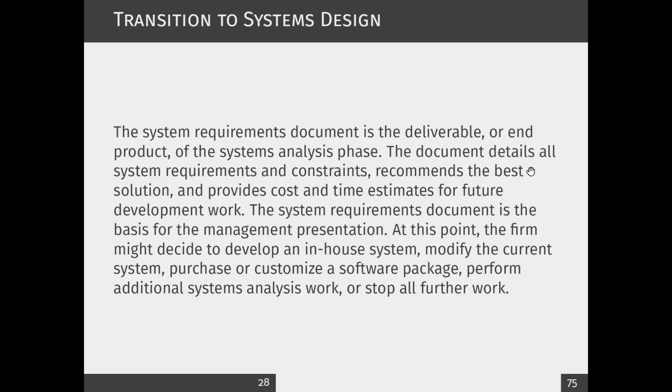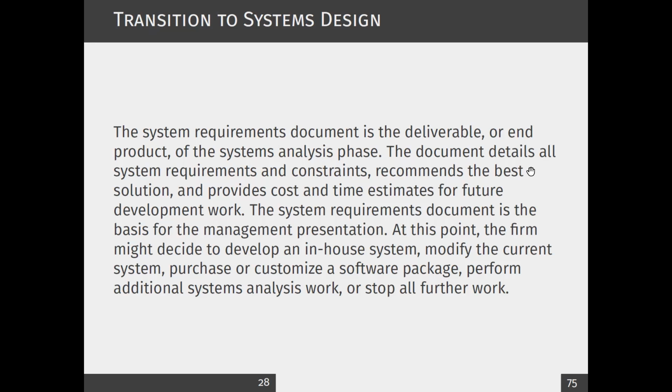Now, let's look at the transition to system design. Once we have the system requirements document as a deliverable, or end product, we have the system analysis phase. The document has system requirements, constraints, and recommendations. And it also focuses on the cost and time estimates.